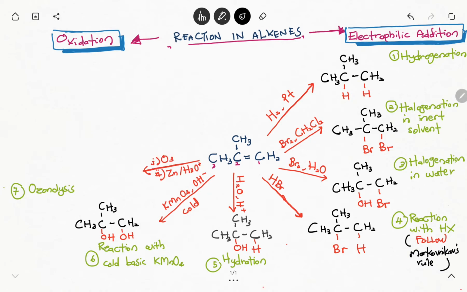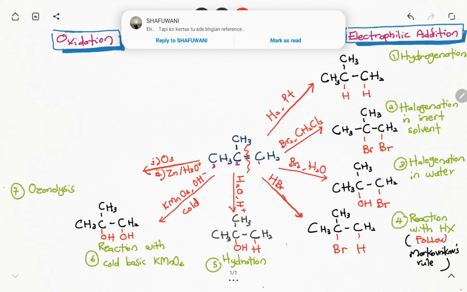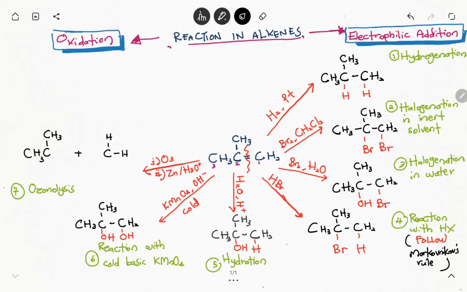Reaction number 7 is ozonolysis. The reaction involves 2 steps. The first step is reaction with ozone, O3, and the second step is reaction with zinc and H3O+. In this reaction, the cleavage occurs at the carbon-carbon double bond.